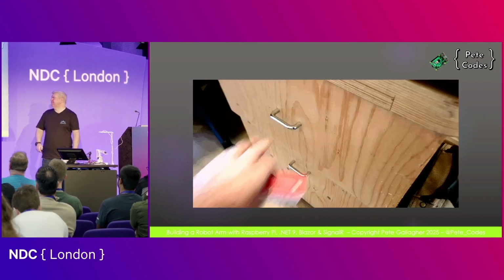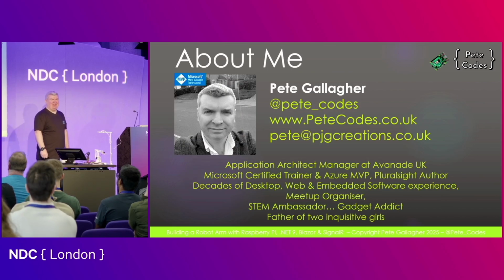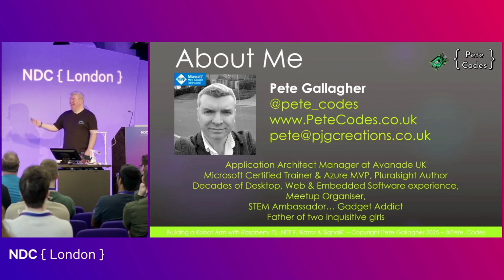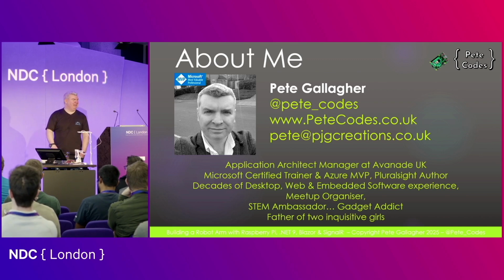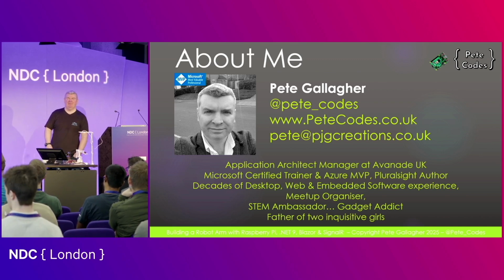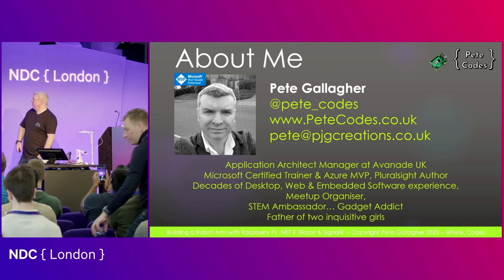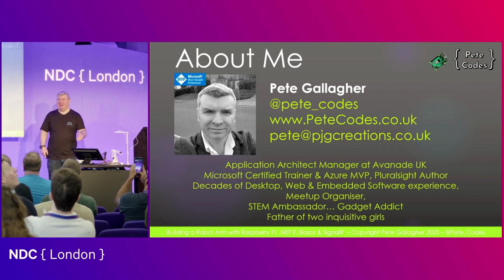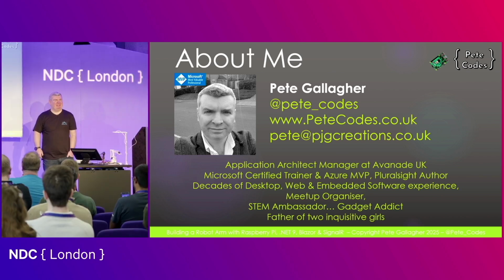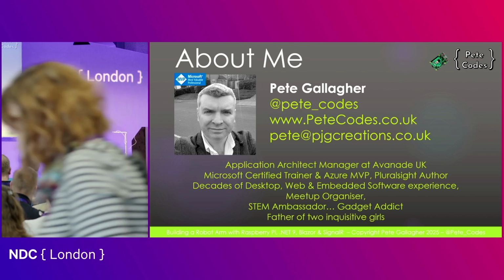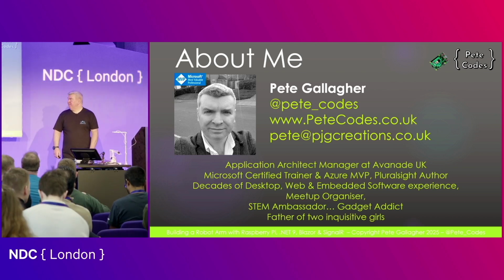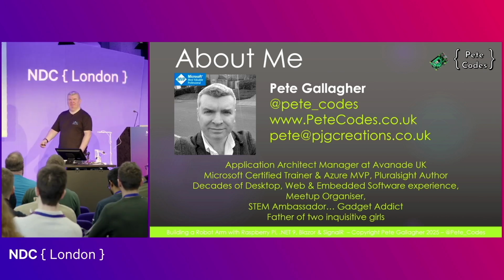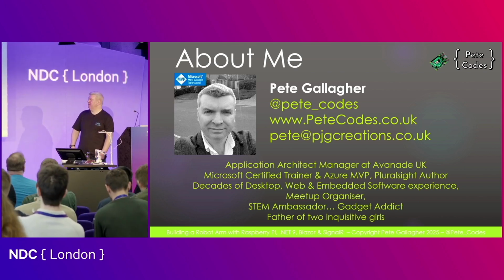Yeah, that's fair. I'll try and persuade you to get it back out of the drawer with something like this, but we'll see. So this is me. I'm an application architect manager for Avanade. But when I'm not earning money, I go out and do things like this. Actually, my background is IoT. I've been doing that since 1999, since almost before there was an IoT, making change machines and stuff like that that we connected to the internet, but before that even was a thing.